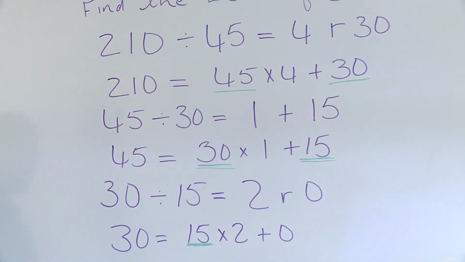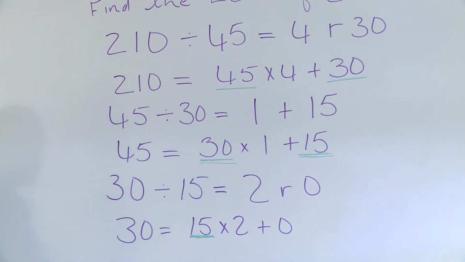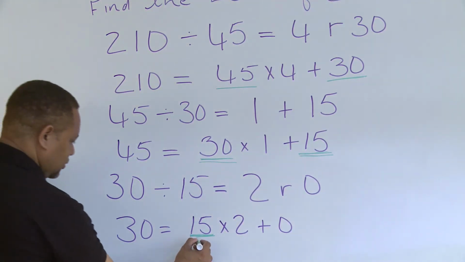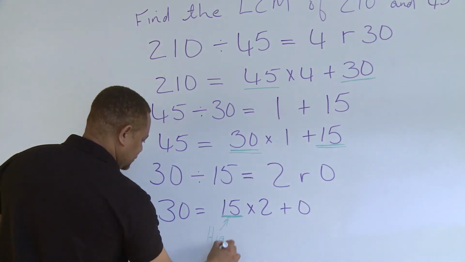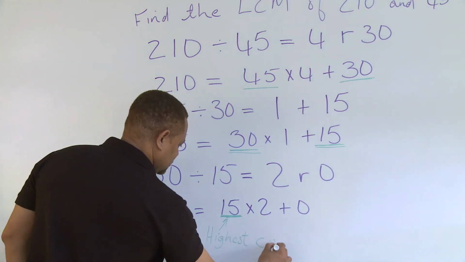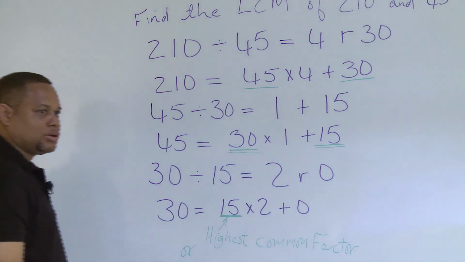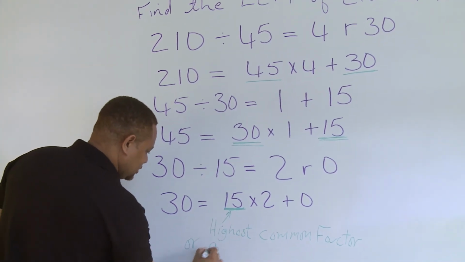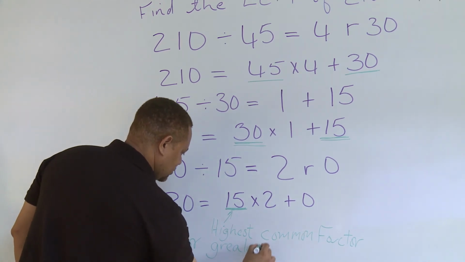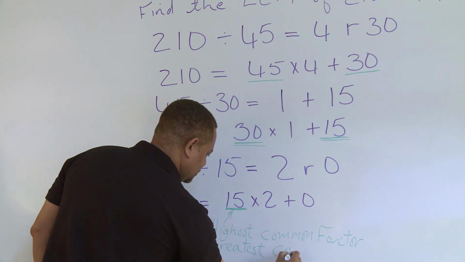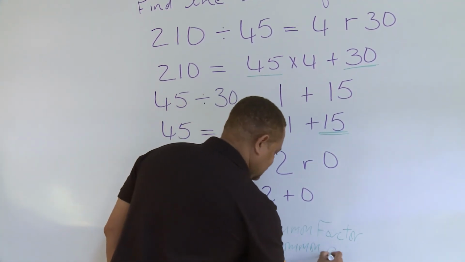So we're now going to take our last divisor, and as we said, you can call it two things: highest common factor or greatest common divisor.